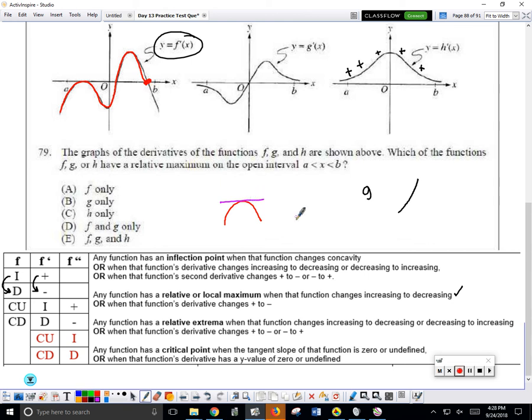You could have a relative max that looked like this, Julia, where the corner is still a relative max on F, but the tangent slope there is undefined. And then you've seen this kind of relative max as well. Again, the tangent slope at that relative max would be undefined.